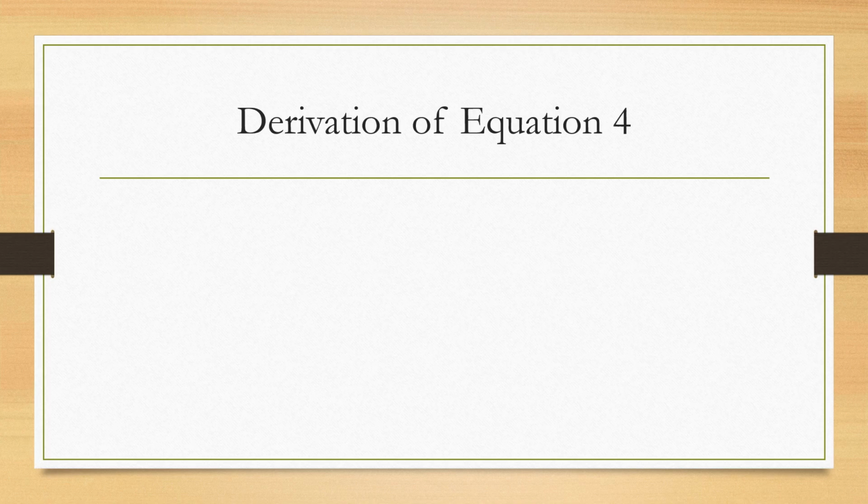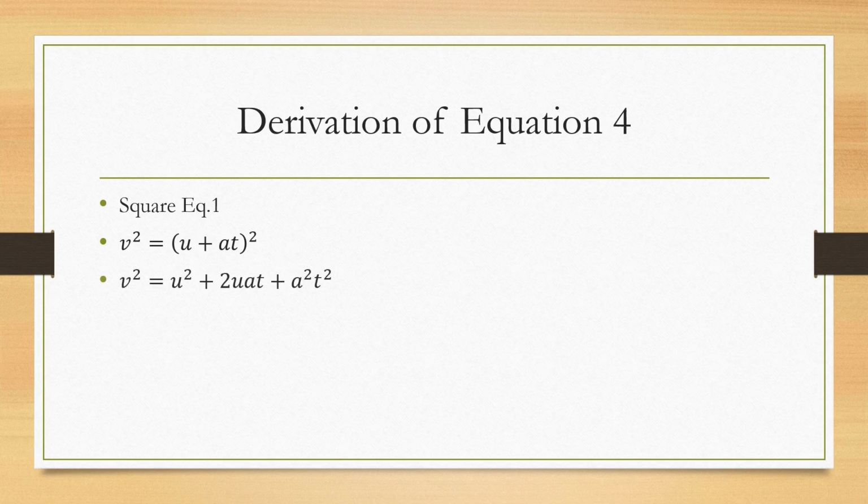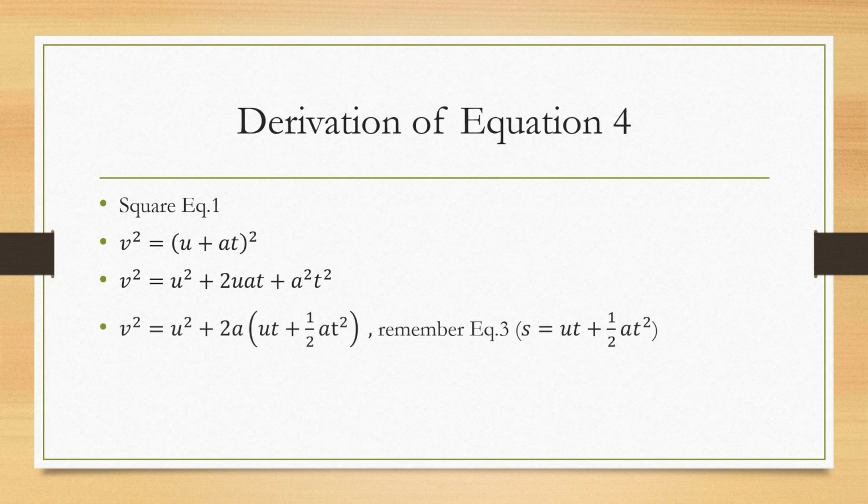And then the last equation, the fourth one, is obtained simply by squaring the first equation. We have v equals u plus at, so we square it, and we get v squared equals (u plus at) squared. Then we can expand it, and we get v squared equals u squared plus 2uat plus a squared t squared. Then we factorize the second and third terms into the bracket.